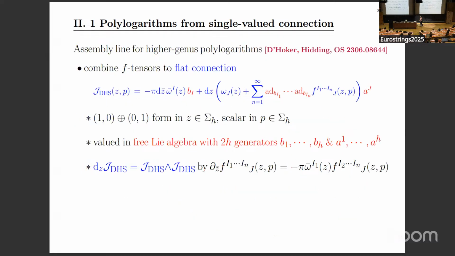Good. Let's now assemble the connection. The previous slide provided for you an infinite tower of tensors denoted by f with more and more indices i upstairs, all of which run from 1 to the genus g of the surface. And we are now decorating them with certain non-commuting bookkeeping variables.